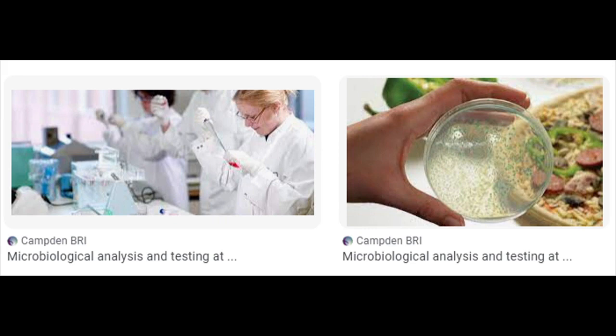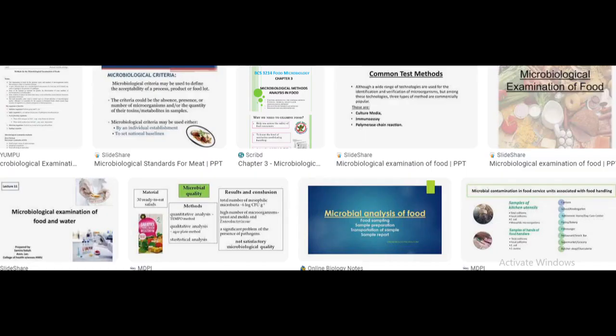What we're talking about, the laboratory, which laboratory? There's no laboratory in engineering. So the laboratory we're talking about here is the microbiology laboratory. So this is just saying microbiological laboratory methods of assessing the microbiological status of different classes of food.